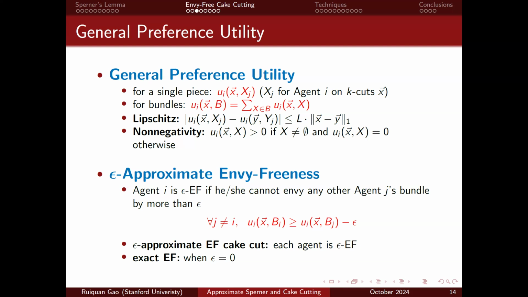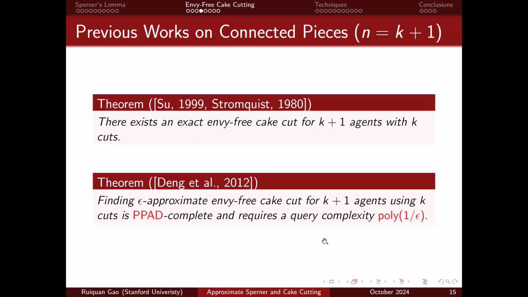When epsilon equals 0, we say that it is exact n-way free. Earlier works have shown that there always exists an exact n-way free k-cut with connected pieces for any number of agents. But the computational complexity of finding such a k-cut is PPAD complete and has a poly 1/epsilon query complexity.